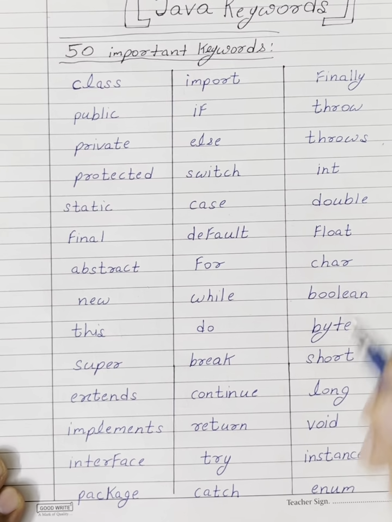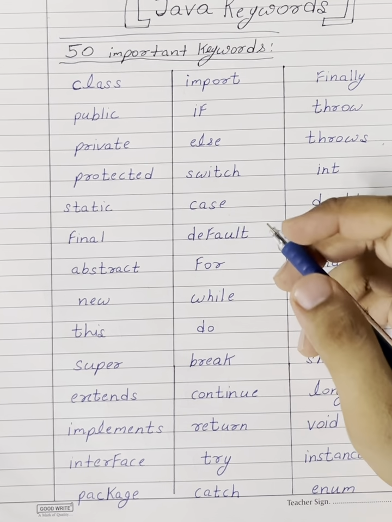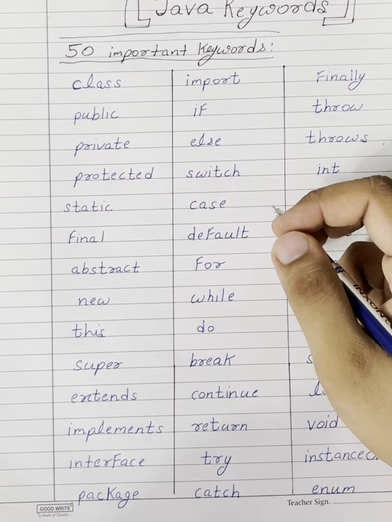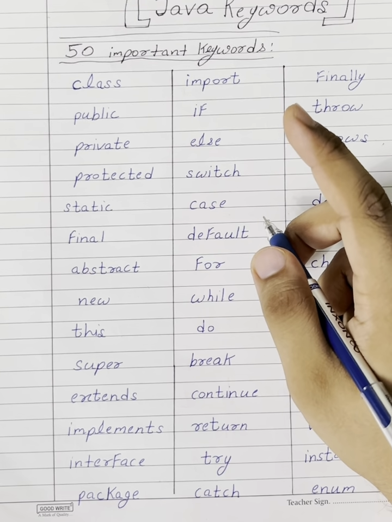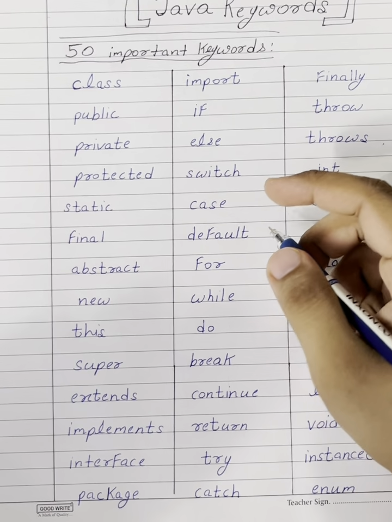If an exception occurs, Java immediately stops executing the remaining statements in the try block. So in simple words, if an exception occurs, any code inside the try block will stop executing.